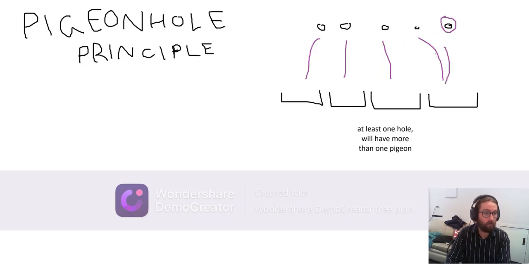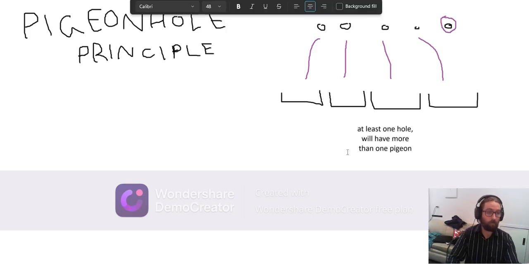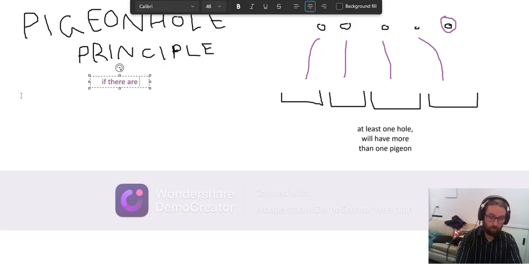Forced to make one of these pigeonholes have an extra pigeon in it. So the pigeonhole principle more broadly says that in any scenario like this, if there are more pigeons than holes, then one hole will have a double up of pigeons.